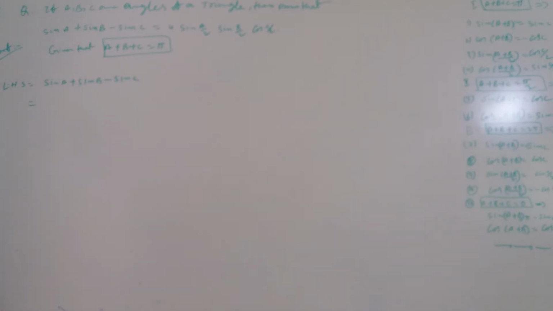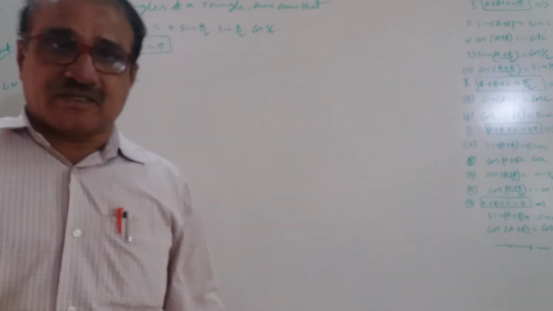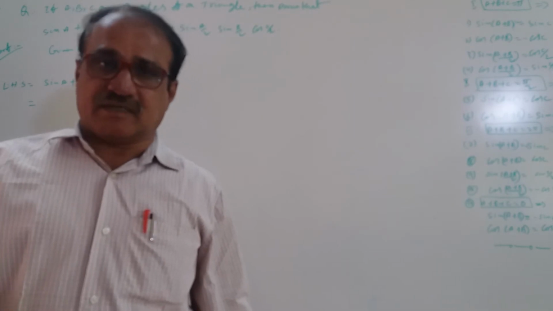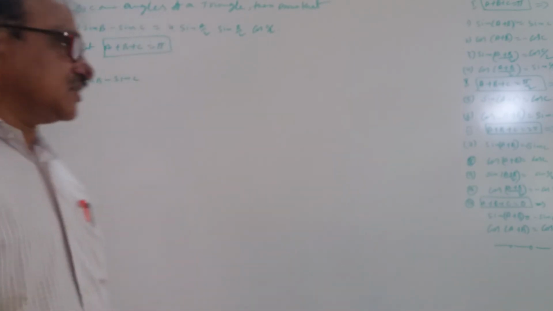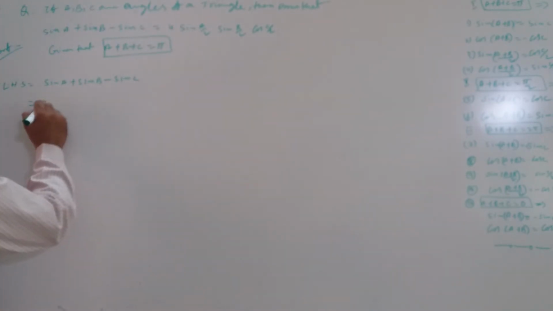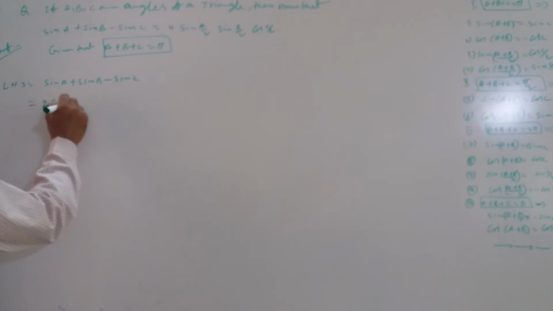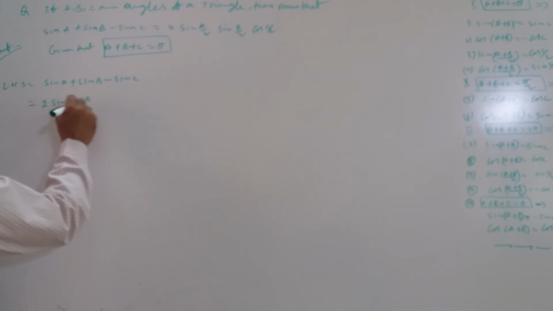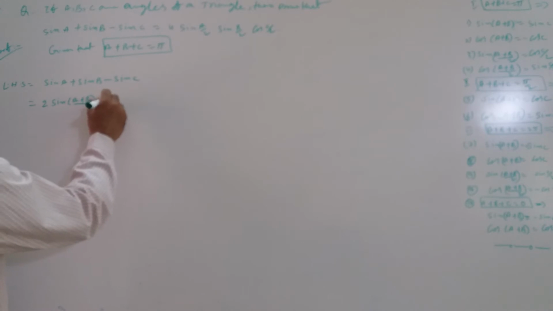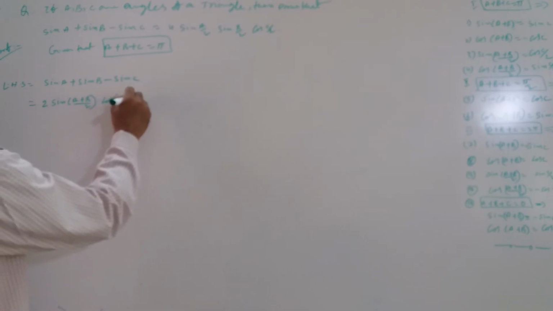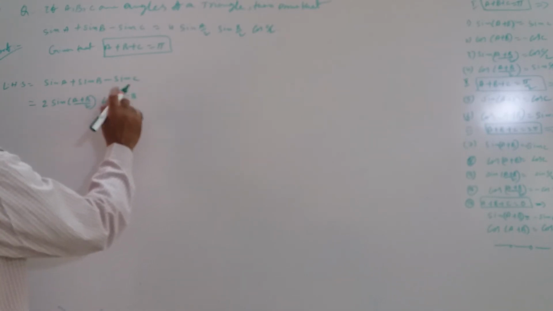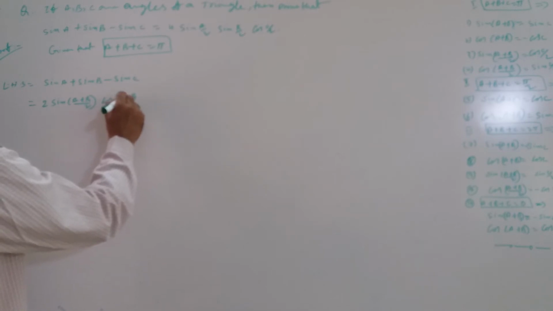is equal to sin A plus sin B minus sin C. You can directly solve sin C plus sin D. It is in the form of sin C plus sin D. Sin C plus sin D is equal to 2 sin (C plus D) by 2 into cos (C minus D) by 2. By using that formula, 2 sin (A plus B) by 2 into cos (A minus B) by 2.